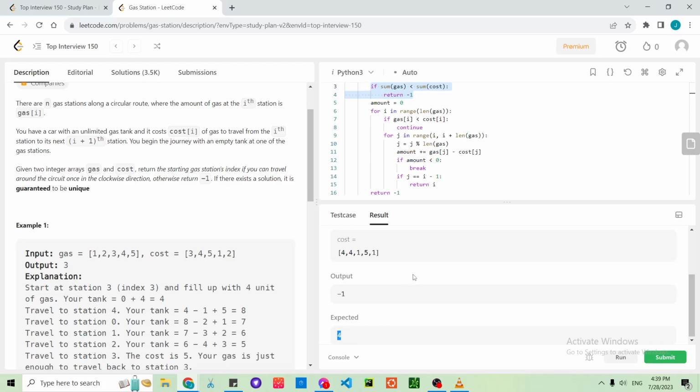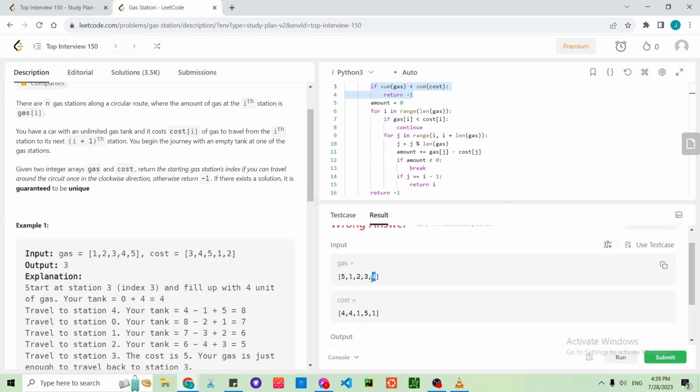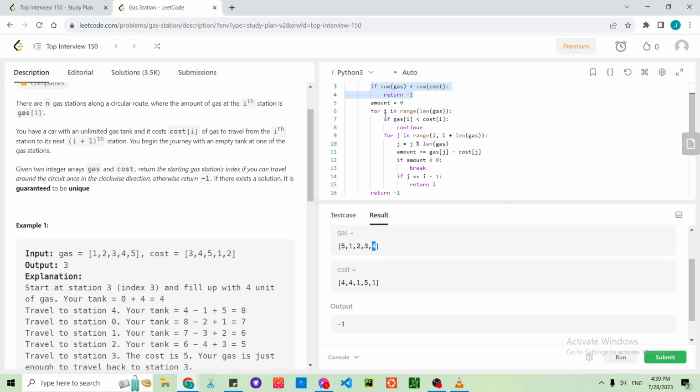Let's just see why this does not work. Okay, so start from i equals 4. That is bigger. We will set j to start from 4, and j will go from 4 to 9, but this is exclusive, so 4 to 8: 4, 5, 6, 7, 8.